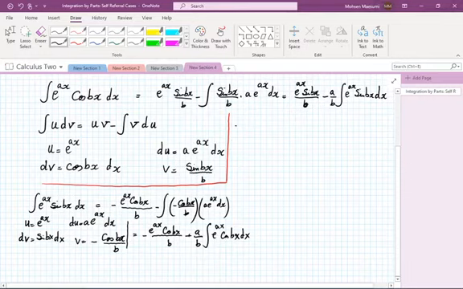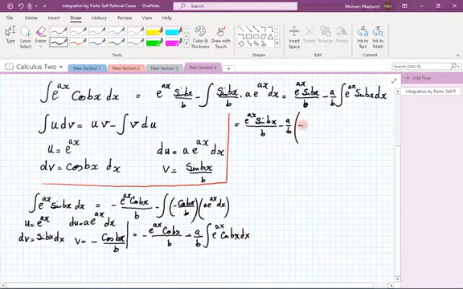So I go ahead and rewrite this thing again, exponential of ax sine of bx over b. Then I have minus a over b of this. That integral is this. So I'm going to write it.